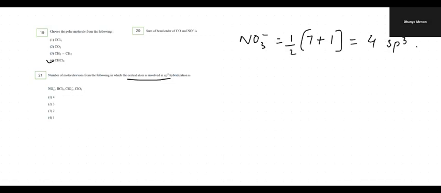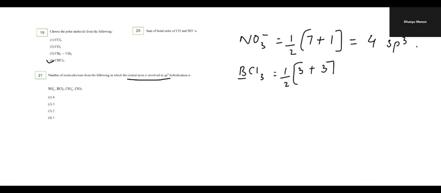Sorry, I missed out BCl3. BCl3: half of 3 electrons. Boron has 3 electrons in the outermost shell. No positive, no negative, but 3 monovalent atoms.